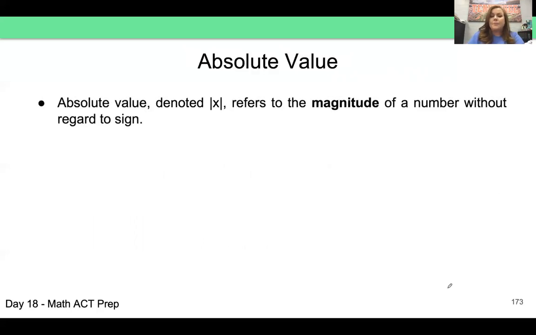So absolute value is denoted by these straight lines. This would be where in math you want to make sure that you write really, really well, because you don't want to wonder, are those parentheses or are they straight lines?